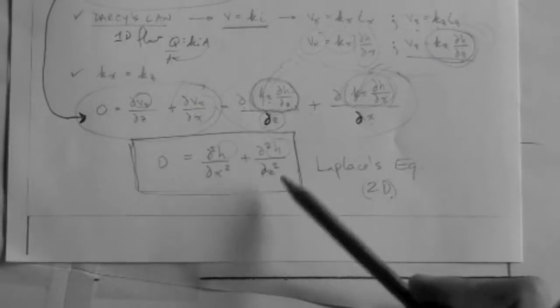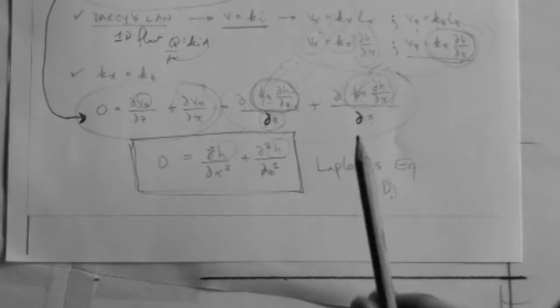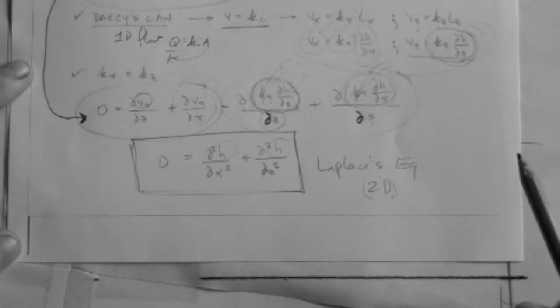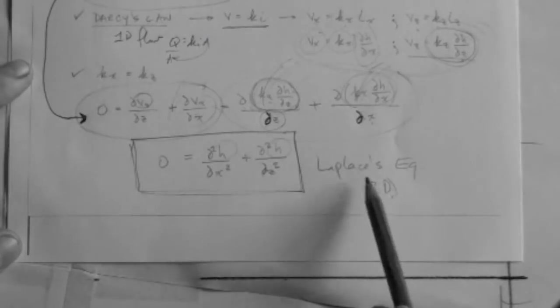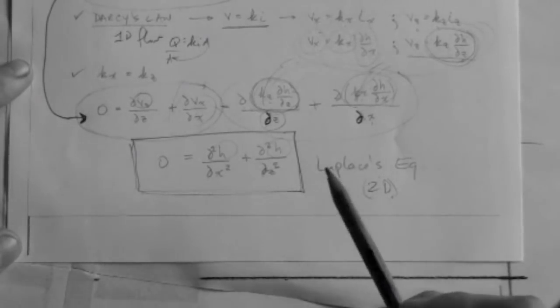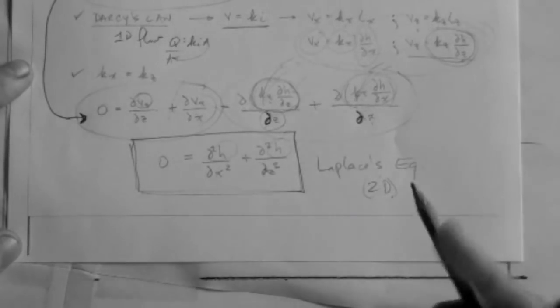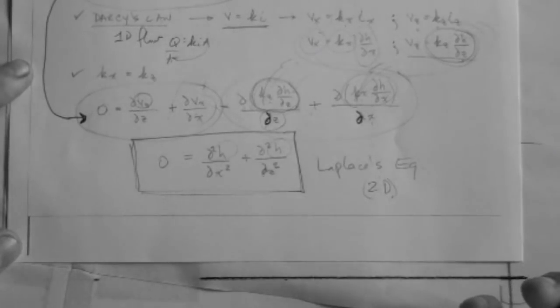This equation is a very important equation. Now, it is very important to also state here that Laplace was not necessarily interested in fluid flow through soil. He was interested in describing the flow of energy, of any sort of energy, through a material. Okay?